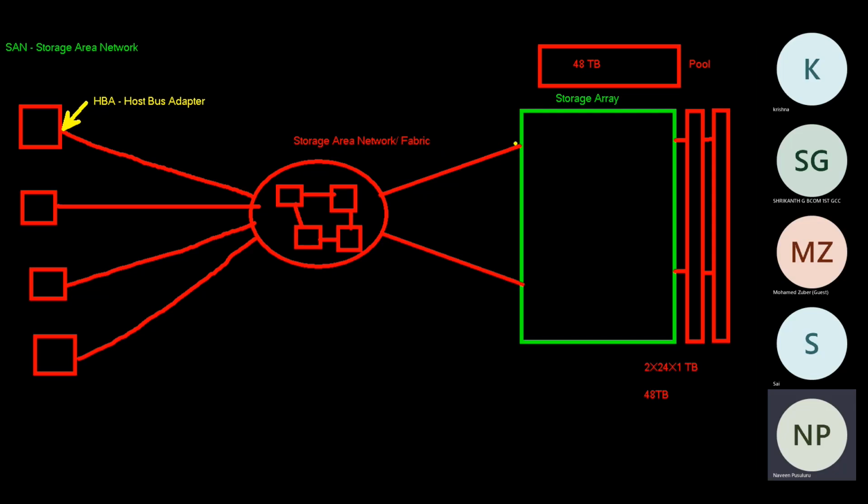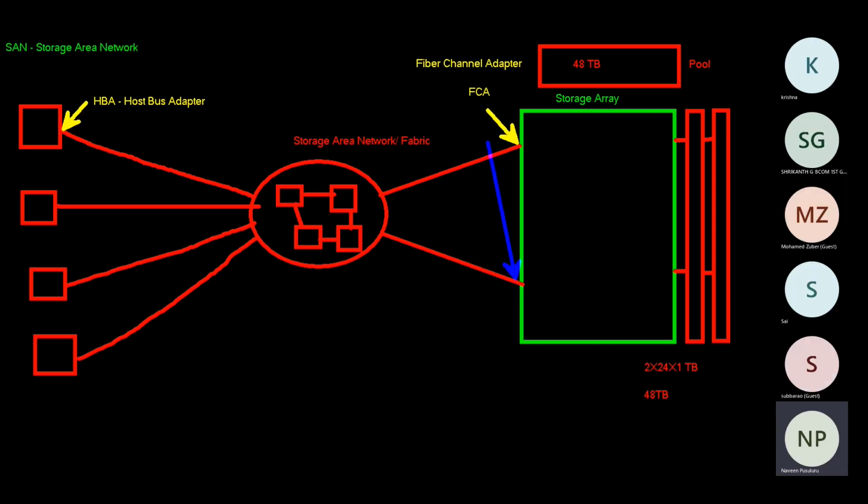So whatever ports I'm going to use on storage, those are FCAs. FCA means Fibre Channel Adapter. With the help of the FCA, my storage is connected to one of the switches or the SAN network.